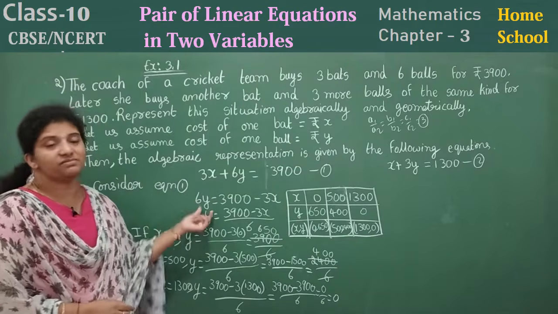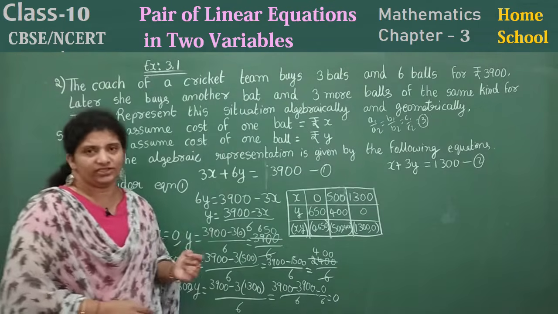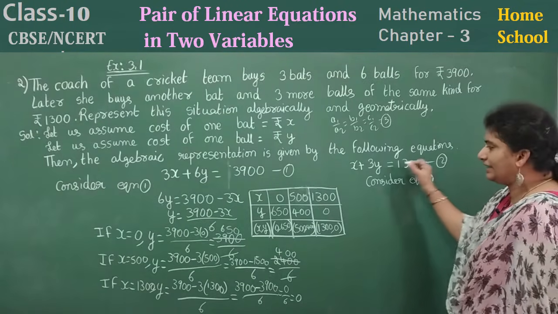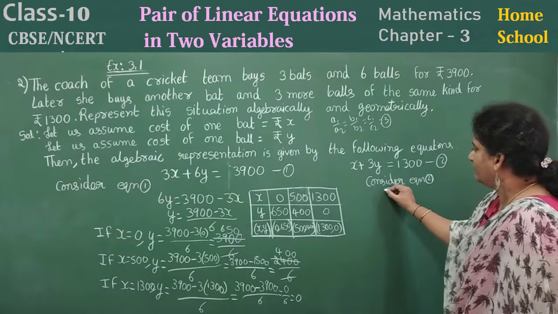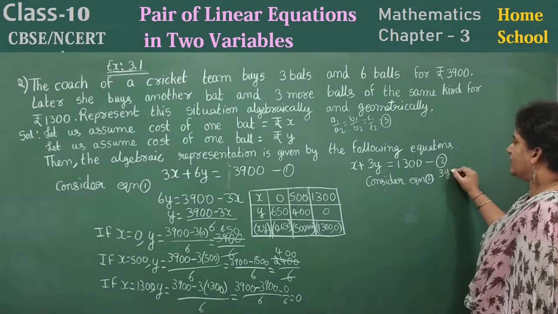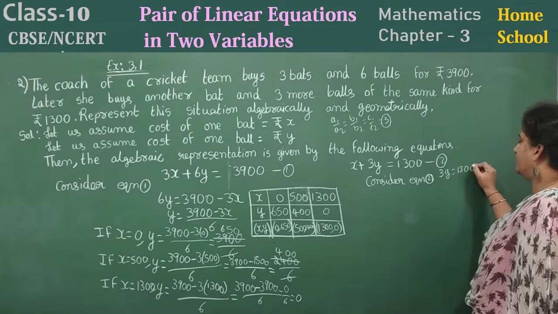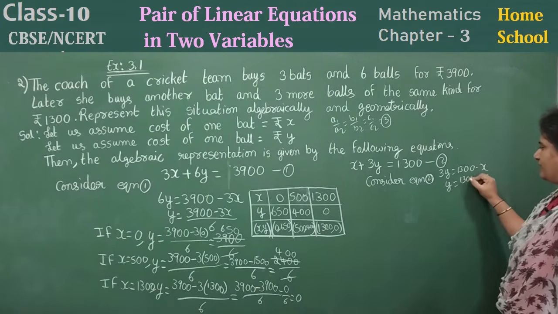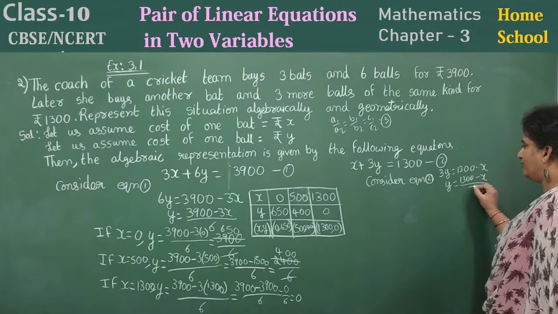Similarly, the graphical representation of one more equation. Consider equation 2, children. Rewrite in the form of y. That will be 3y is equal to 1300 minus x. Y is equal to (1300 minus x) by 3.